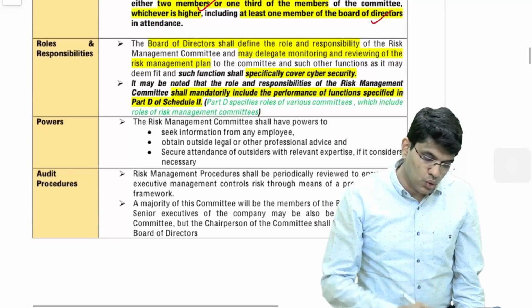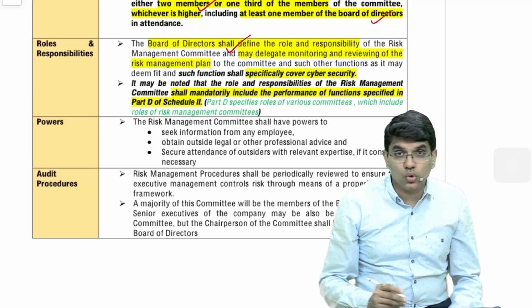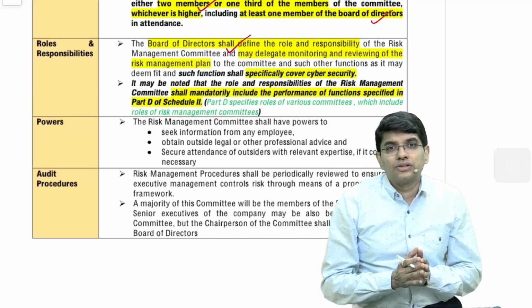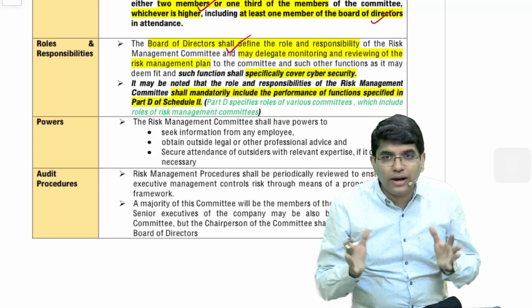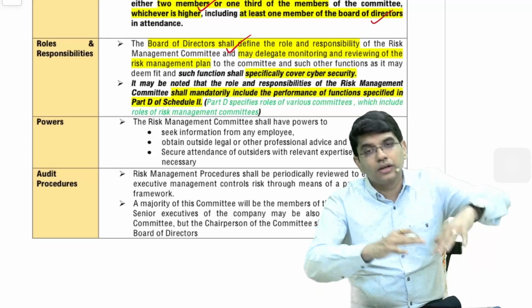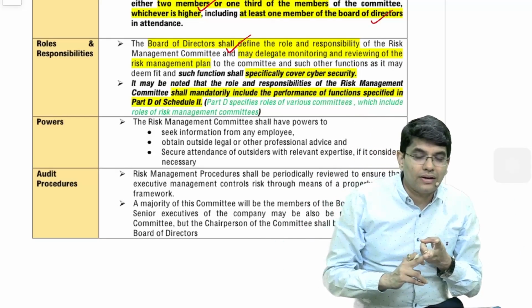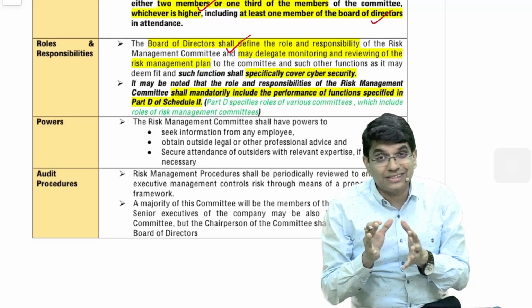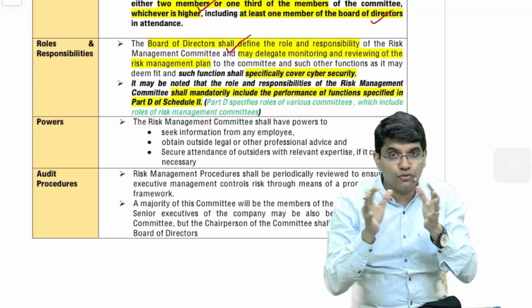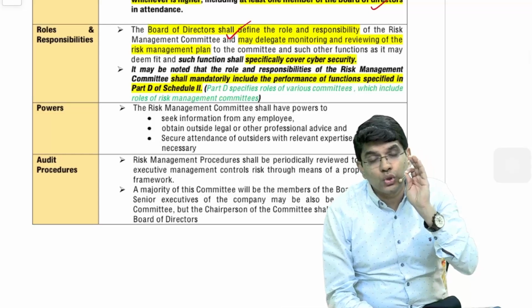Fine. Roles and responsibilities of the risk management committee. The board of directors should define the roles and responsibilities, which generally include monitoring what changes are required in the risk, reviewing the risk management policy and plan and what changes are required, and specifically covering cyber security. That's a new area of threat, a new area of risk, so it should be carefully covered. Apart from that, we have Schedule 2 in LODR.